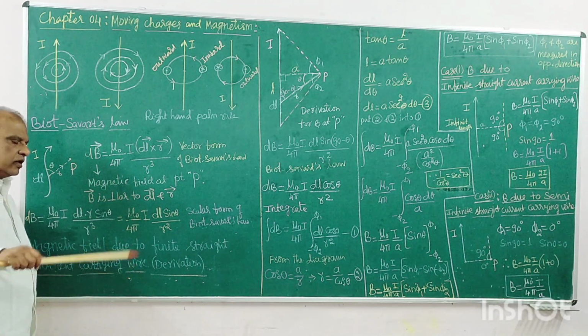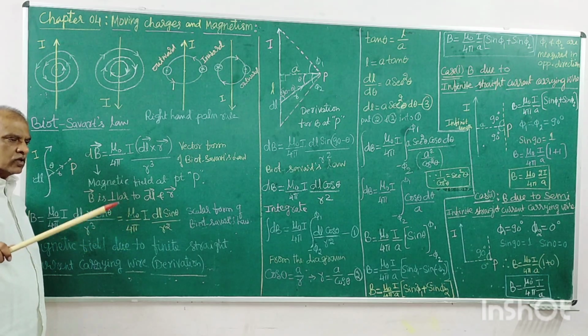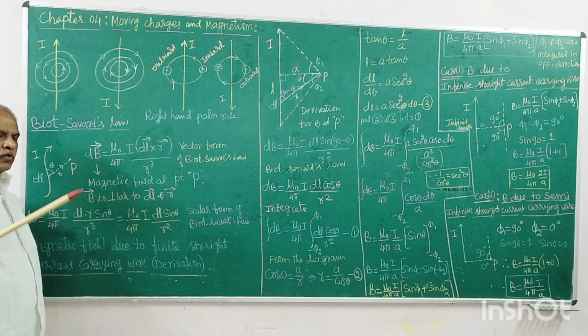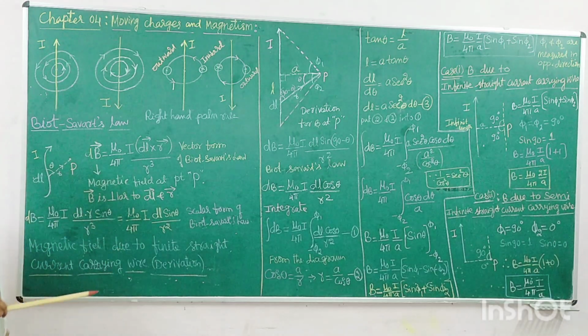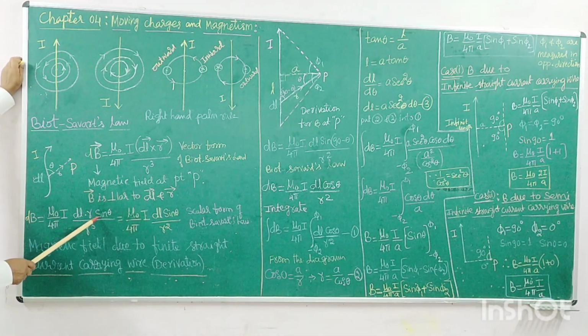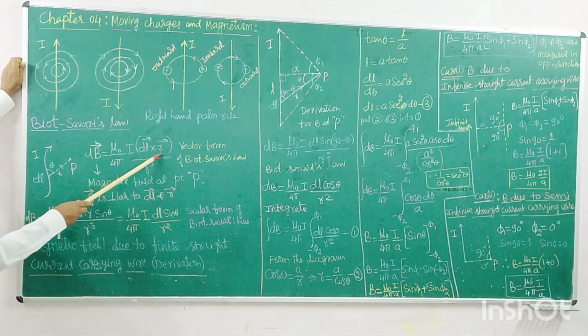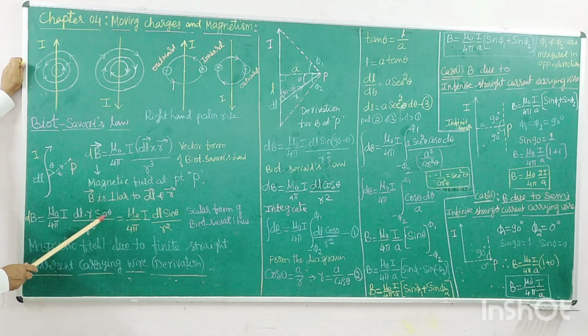A cross B equals A into B sin theta. For the vector product, we can replace this by dl into r sin theta.